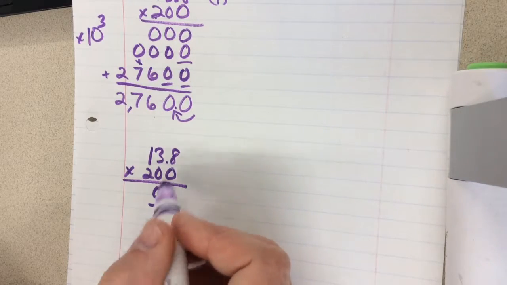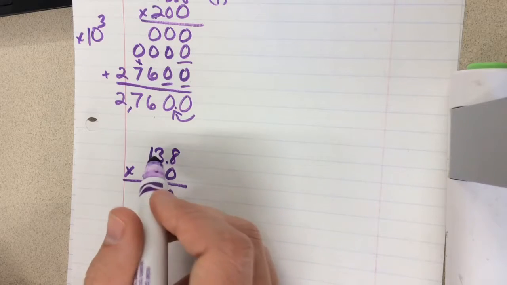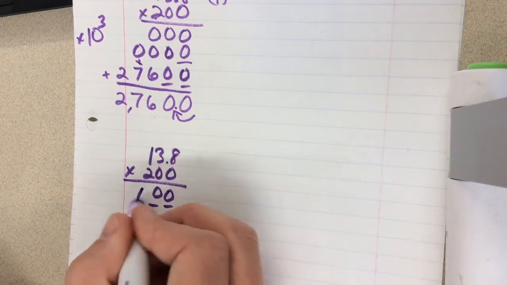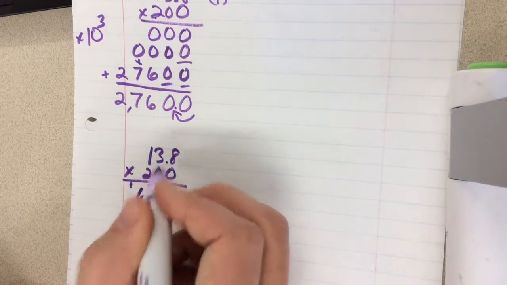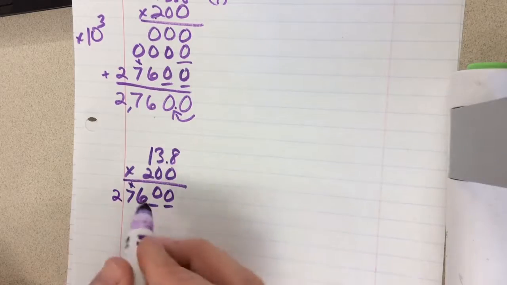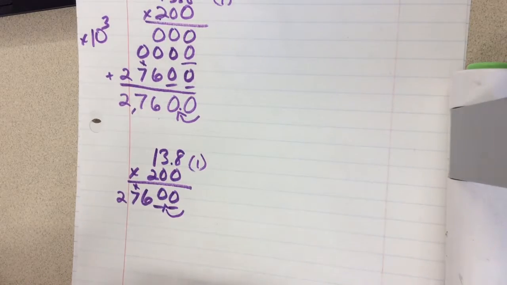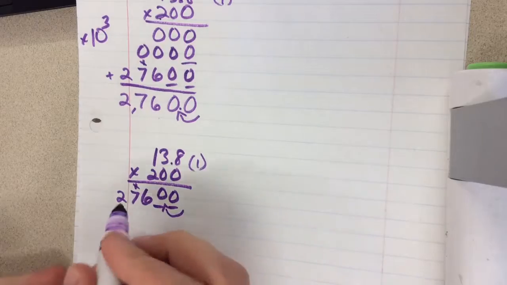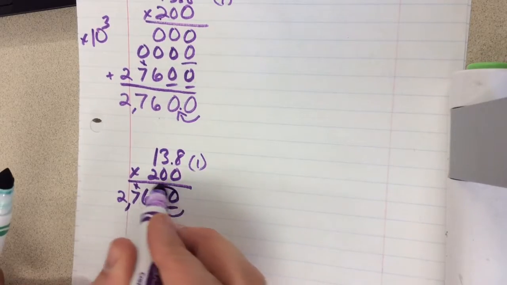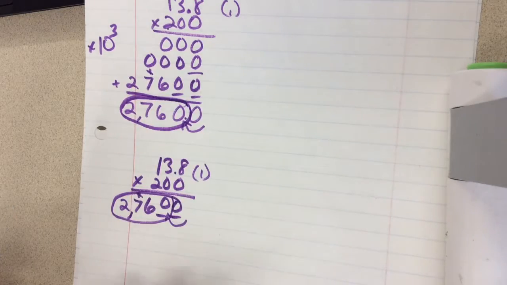So again, I'm keeping these all lined up, and it's going to be a multiple of 100 because I'm doubling this 200 value. 2 times 8 is 16. 2 times 3 is 6, plus the 1 is 7. And then 2 times 1 is 2. One decimal place, so I move it 1 spot in to make the number smaller, because we're not multiplying by 138, we're multiplying by 13 and 8/10. So we get our same answer of 2,760, like we did up above.